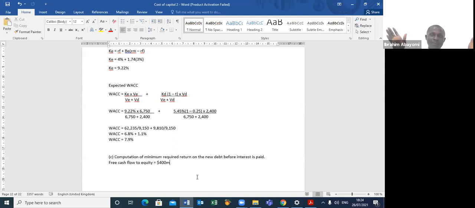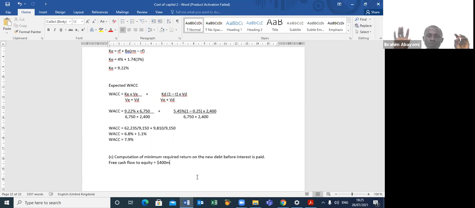So after we have settled all the business obligations, the cash flow available for distribution to both equity holders and debt holders is what we call free cash flow to the firm. Now, if you have settled all business obligations, including the obligation to debt holders, then the cash flow left is only meant for equity holders. So we refer to that as free cash flow to equity holders.